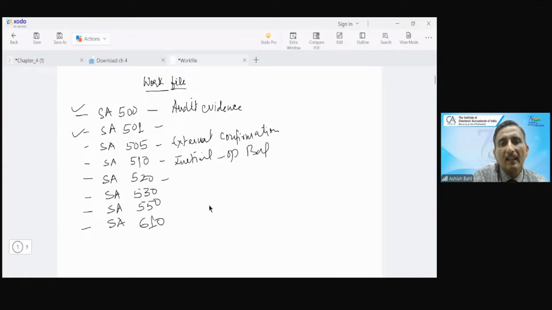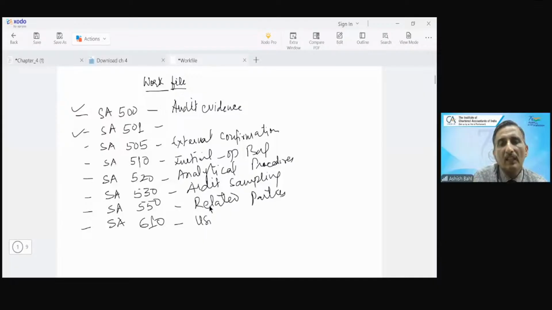SA 520 relates to analytical procedures. SA 530 relates to audit sampling. SA 550 relates to related parties. And SA 610 relates to using work of internal auditor.